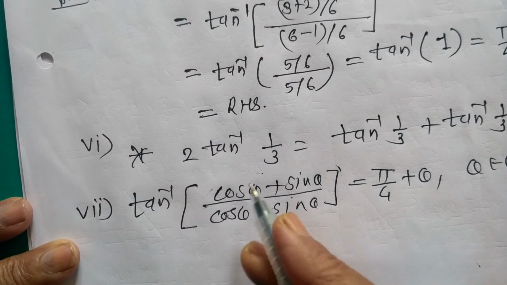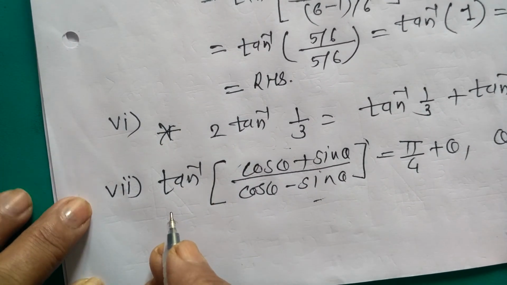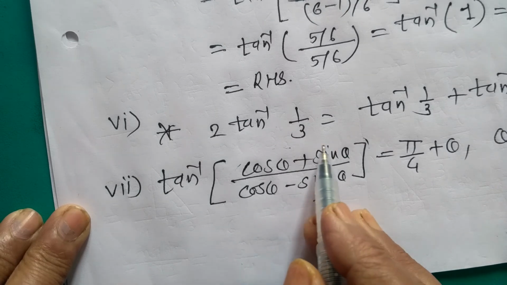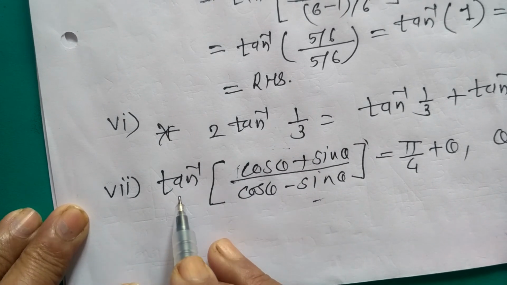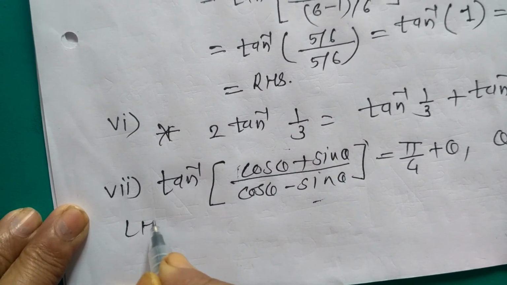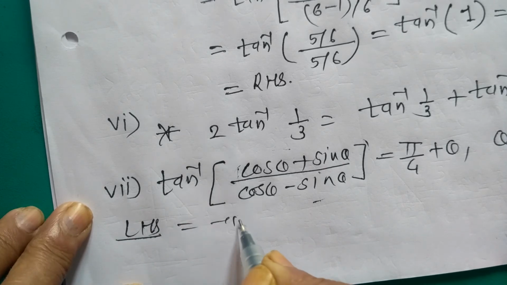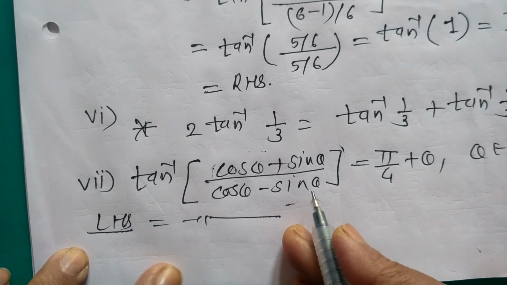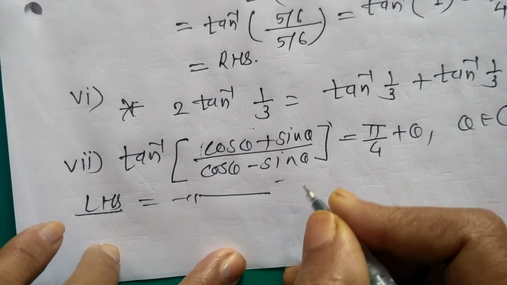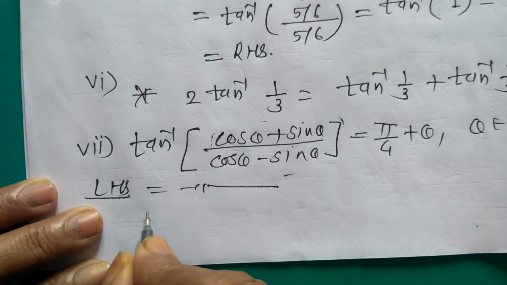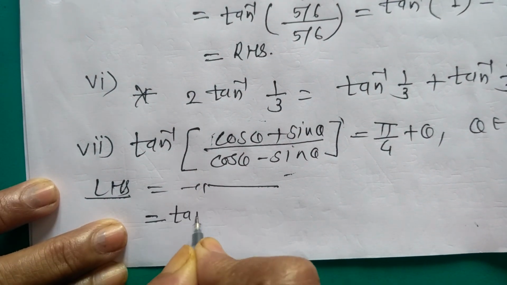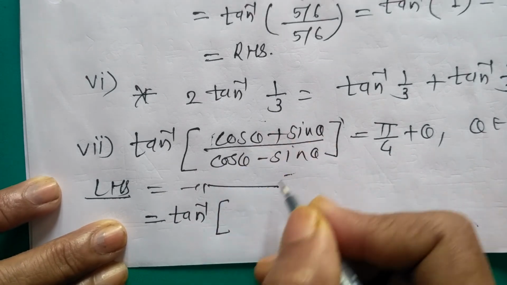So this is the example according to the 11th standard syllabus from the compound angle formula, and only then can we take the property of inverse here. So here we consider LHS. Now this value remains as it is. For this value, as we take tan inverse, we try to adjust this ratio as tangent.